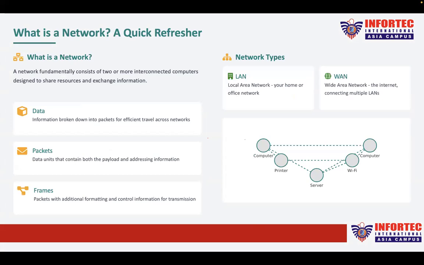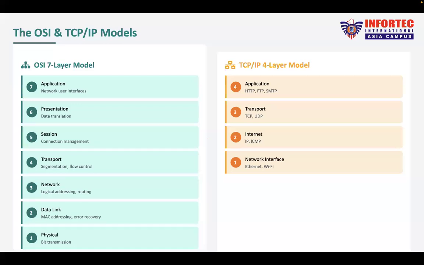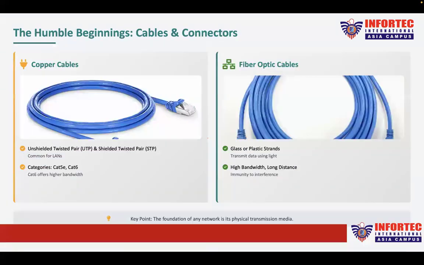In this network concept, we basically focus on data, packets, and frames. When we develop a network, we basically follow two models. First one, the OSI 7-layer model. Second one, the TCP 4-layer model.